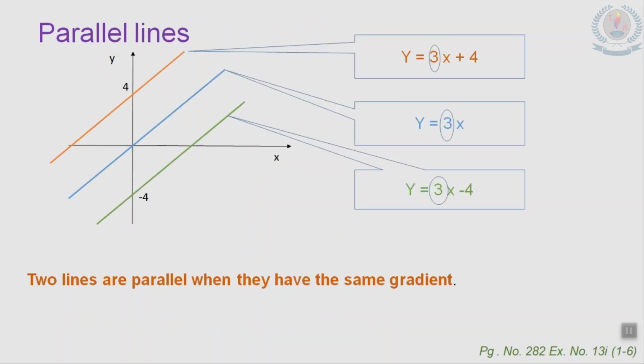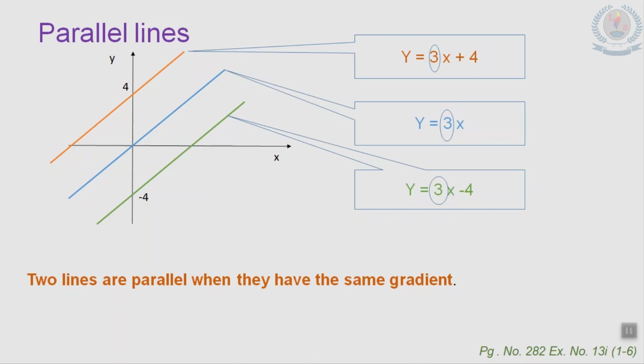Parallel lines. There are 3 lines: red, blue and green. Red is y equals 3x plus 4, blue is y equals 3x, and green is y equals 3x minus 4.